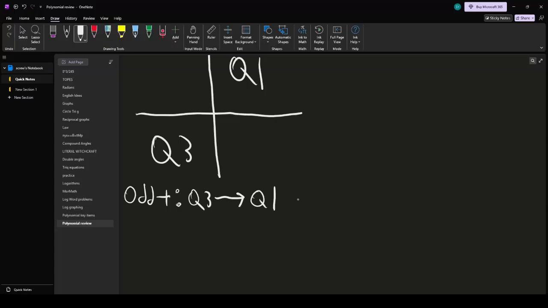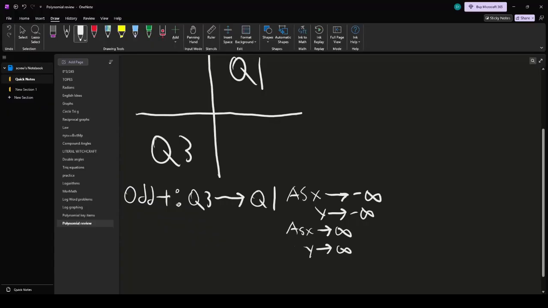It's the fastest. You could also say, as x approaches negative infinity, which is basically left of the y-axis, y approaches negative infinity, and as x approaches infinity, y approaches infinity.